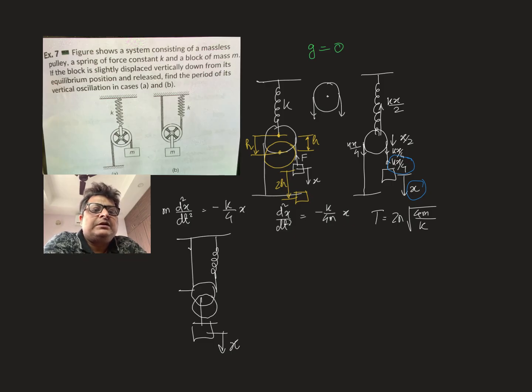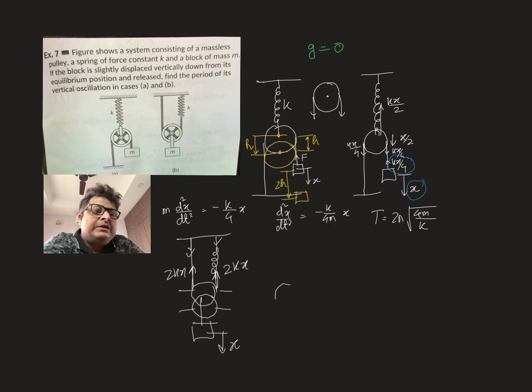So as you know, for the whole of this string and the spring, the increase in length should be 2x, but string length doesn't change. So the spring length will increase by 2x. So that means this is 2kx. This tension is also 2kx.